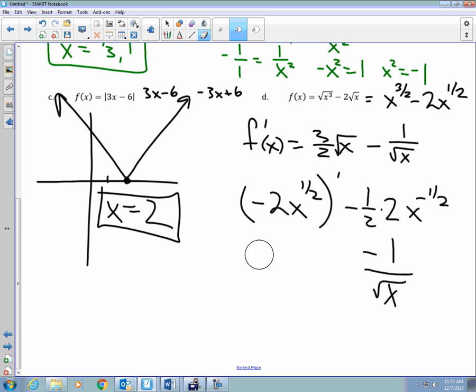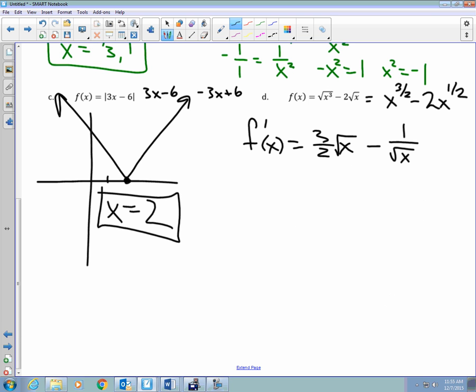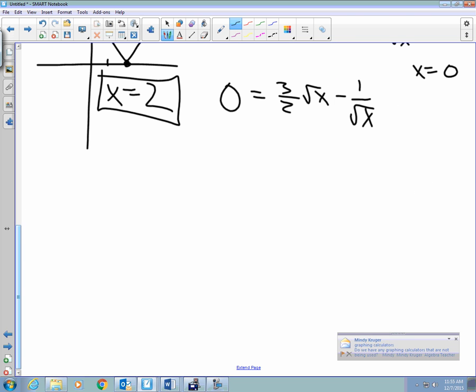Okay, so we know that we have this spot, x equals 0, because you can't plug in 0 there. And then we also have where it's equal to 0. Somebody tell me how you might solve that equation. Okay, sure, let's do that. We'll multiply top and bottom by the root of x.